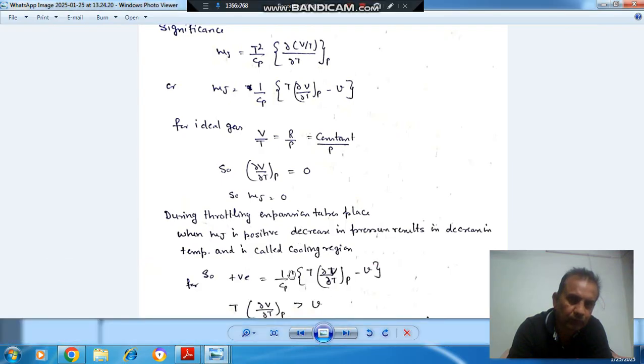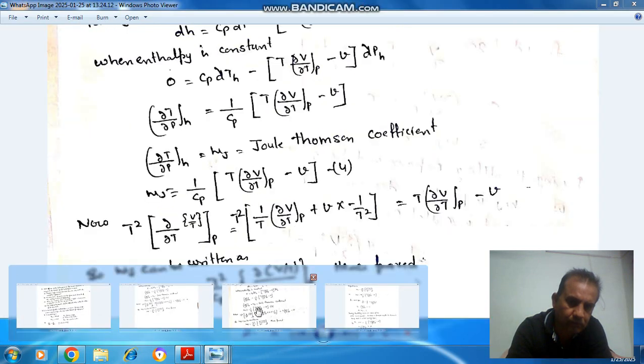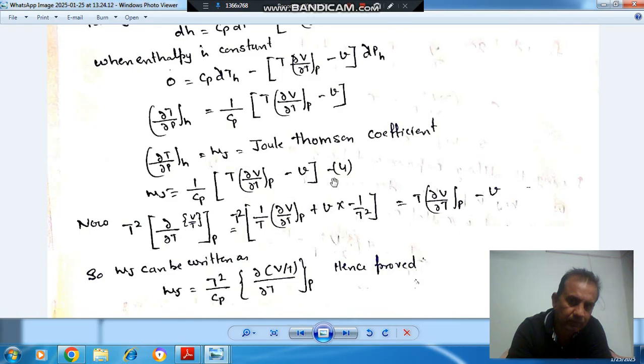Now, what is the significance of it? To understand the significance, let us expand this as in equation number 4.